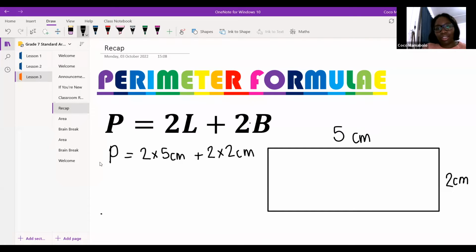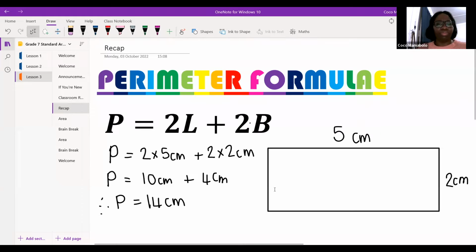Well done. My next line. P is equal to 10 plus 4. Good. 10 centimeters plus 4 centimeters. My last line. Therefore, P equals 14 centimeters. Excellent. Easy stuff. Not difficult at all.